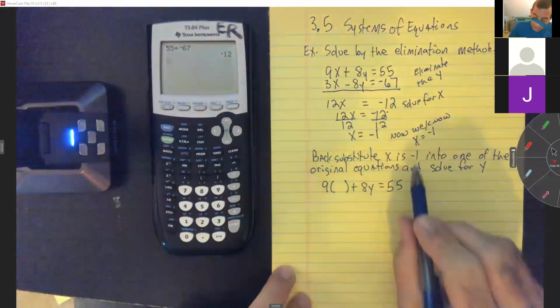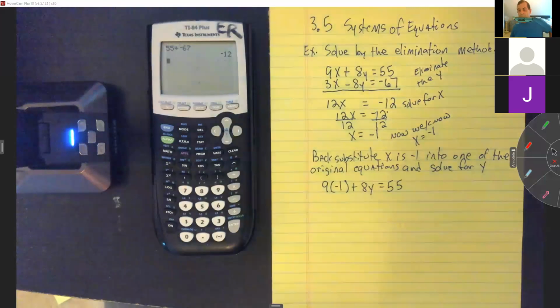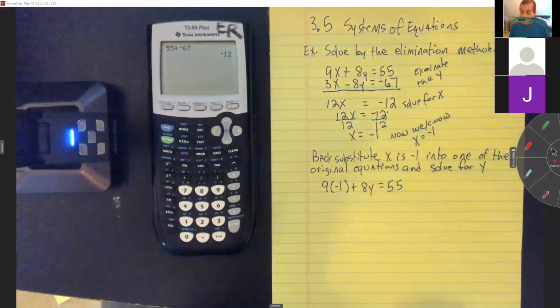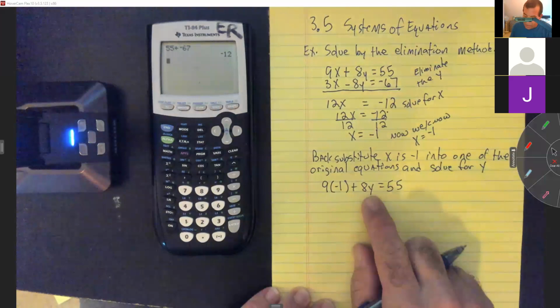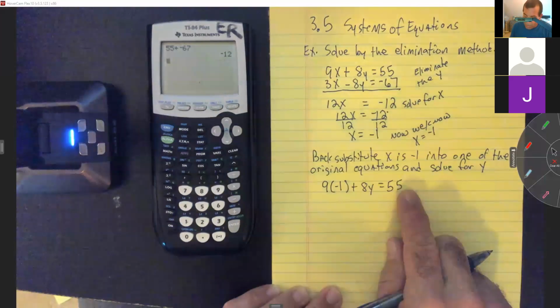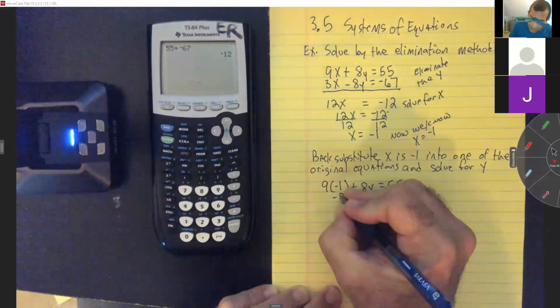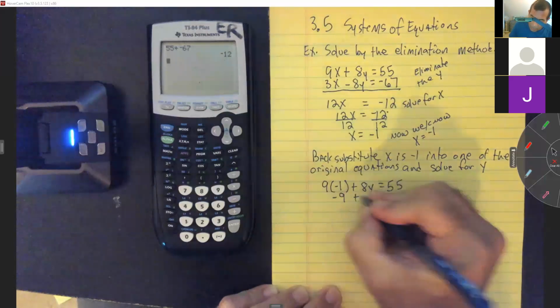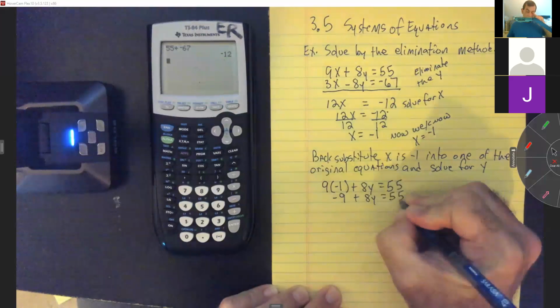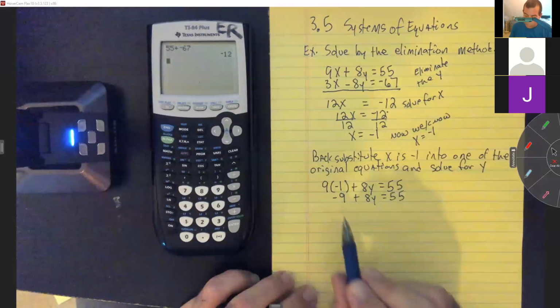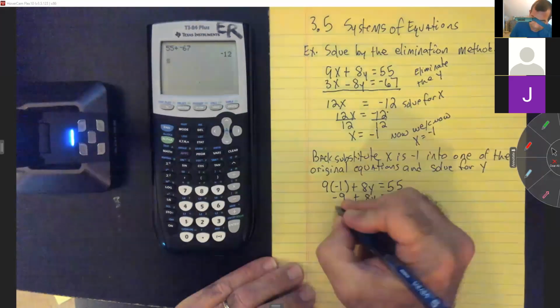It equaled negative 1. So notice I've only got one variable, which is the y. So let's solve this. I would multiply that first and make that a negative 9 plus 8y equals 55. We would add 9 to both sides.